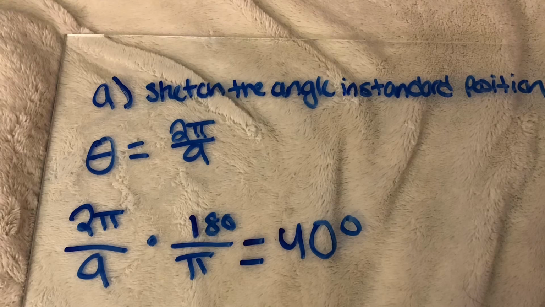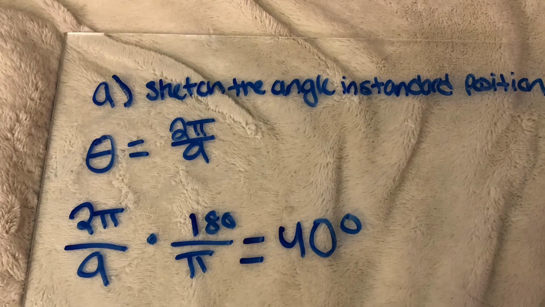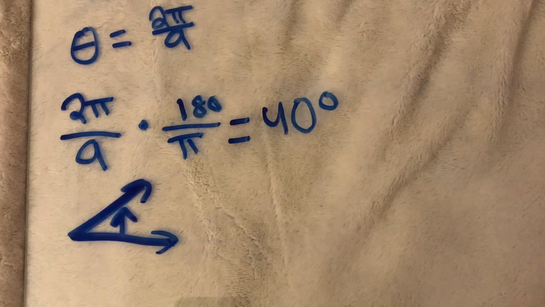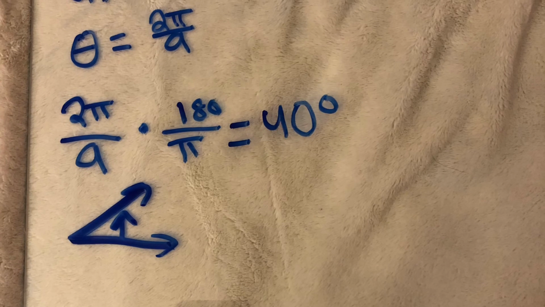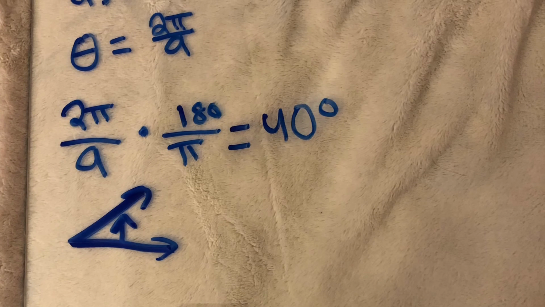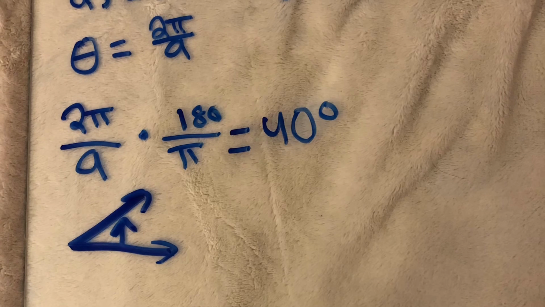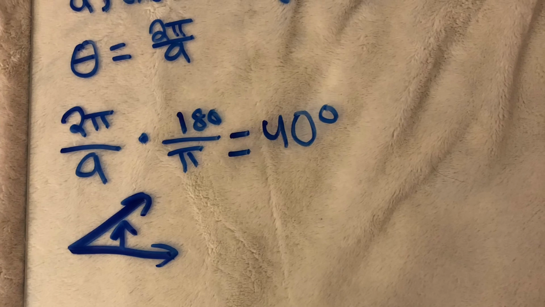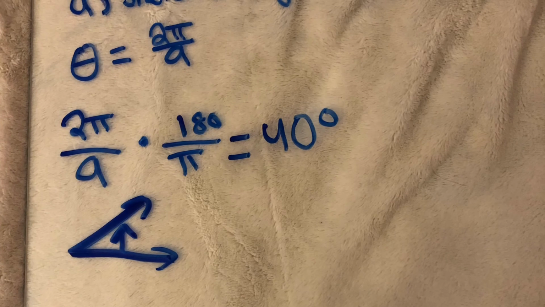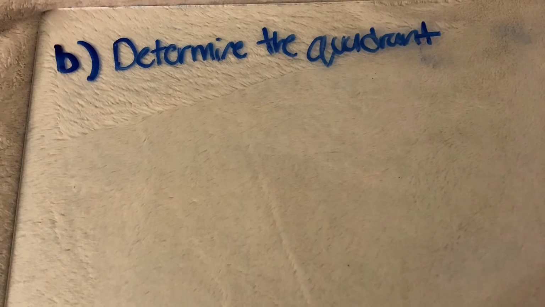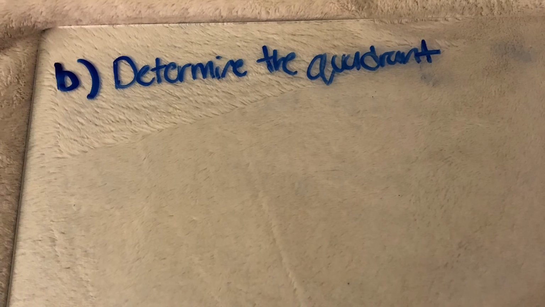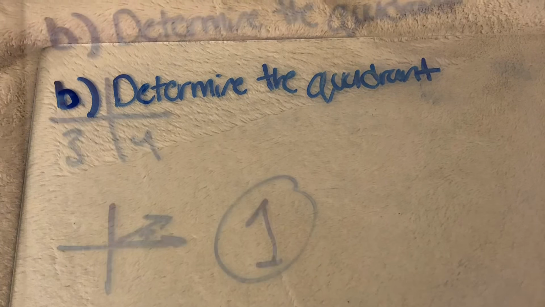So 2 pi over 9 times 180 over pi will get you the angle, and the angle would be 40 degrees. Then I sketched the angle in standard position, and you have to remember to draw the arrow in between the two lines to indicate which direction the angle is going.